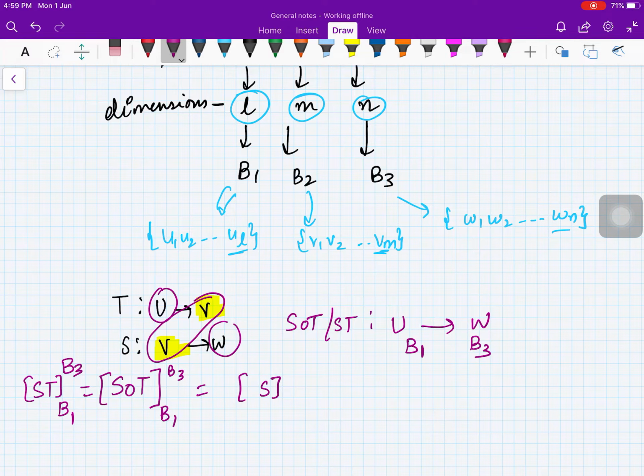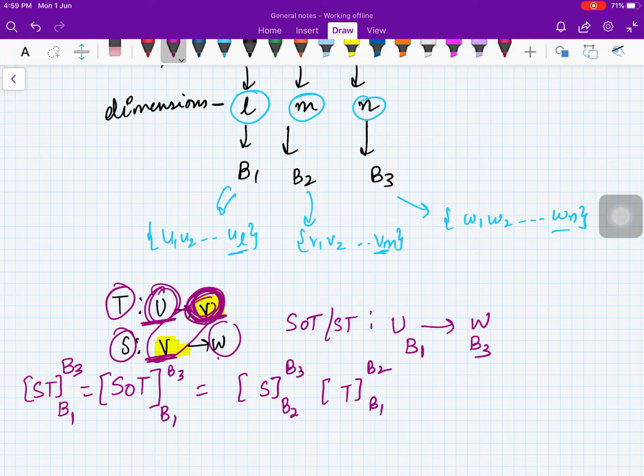Right, here it is important what you are writing in the beginning, because nothing is commutative when you are talking about matrix multiplication. So S with respect to B2, B3 and T with respect to B1, B2. You see here T is from U to V, so the bases in the picture are B1 and B2, and S is from V to W, so the bases in the picture will be B2 and B3.